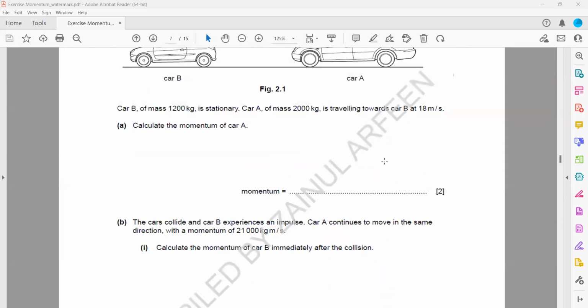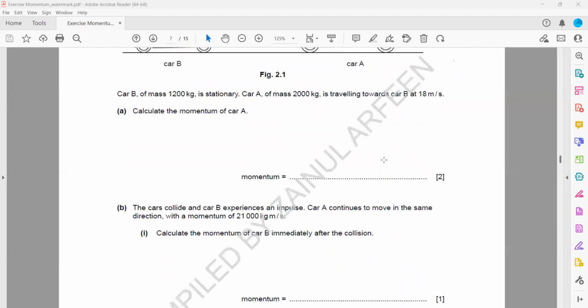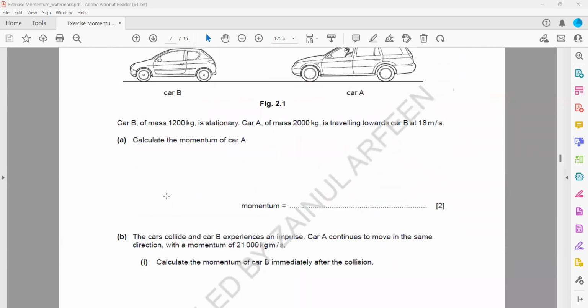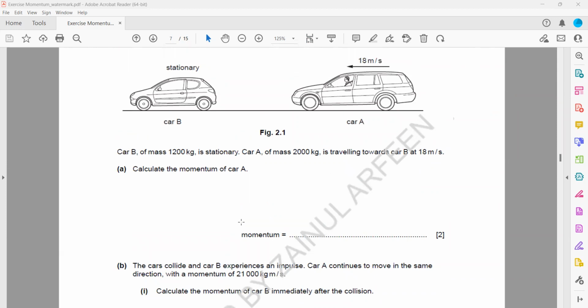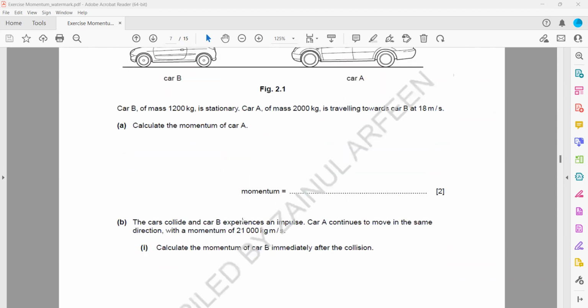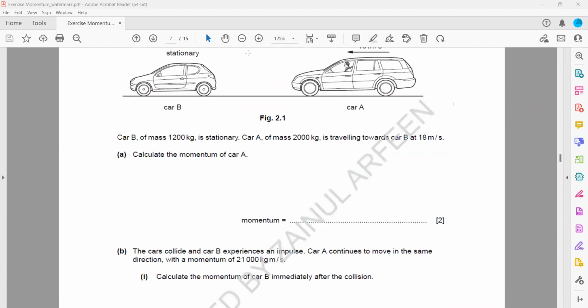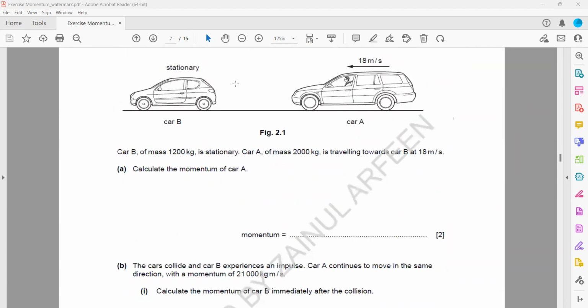We know the total momentum before must be equal to the total momentum after. They mention the cars collide and car B experiences an impulse, so there's a change in momentum. A continues to move in the same direction with a momentum of 21,000. So the total momentum before must be equal to the total momentum after.